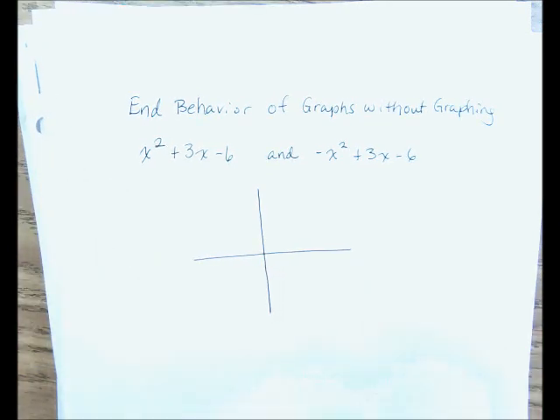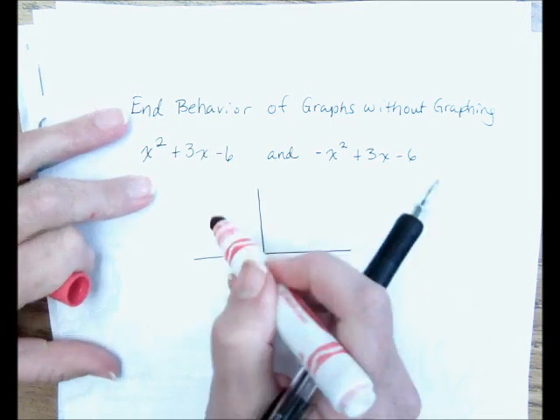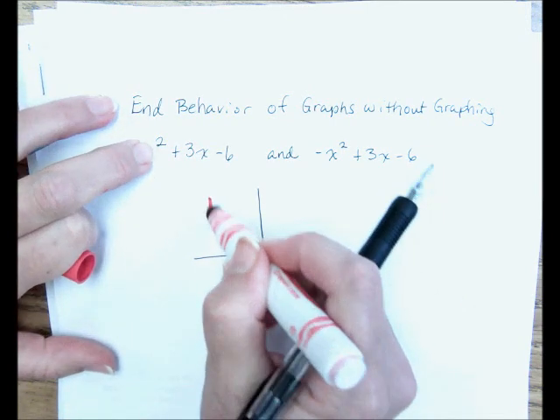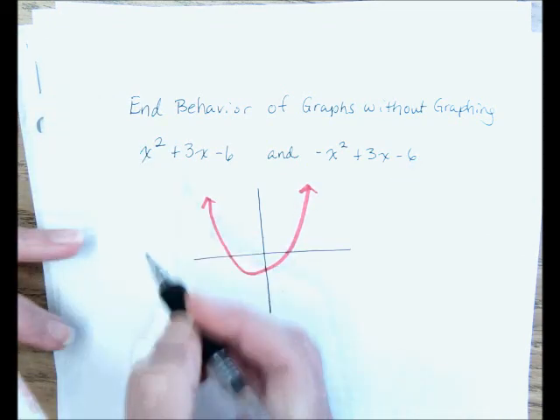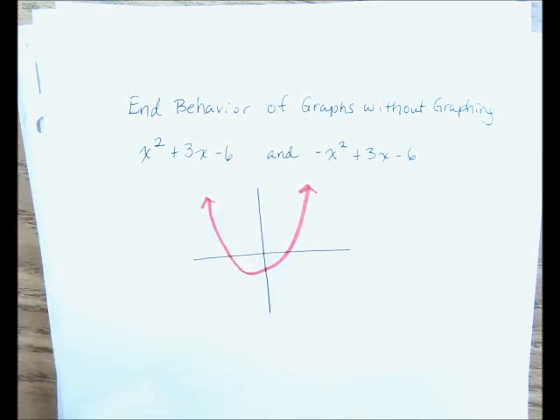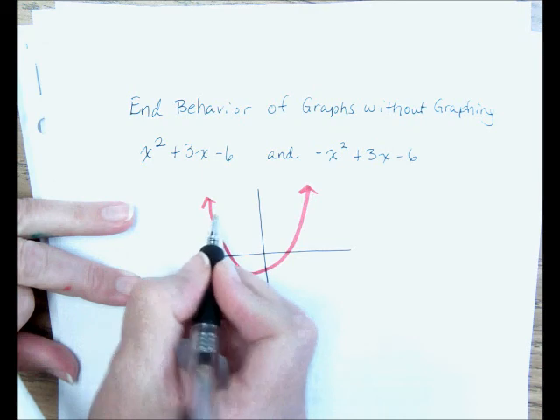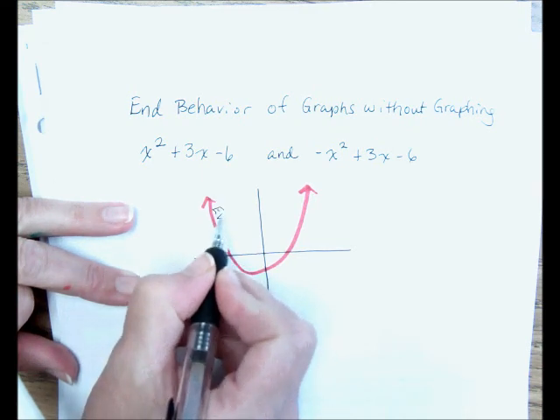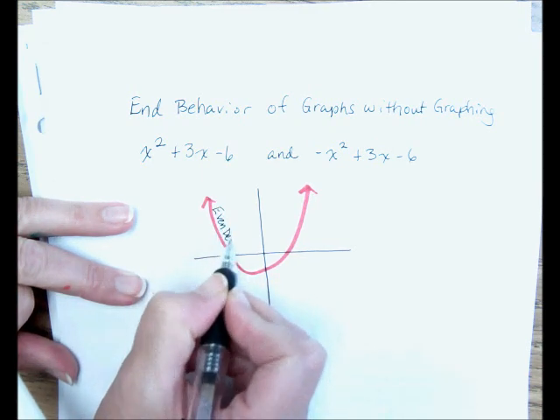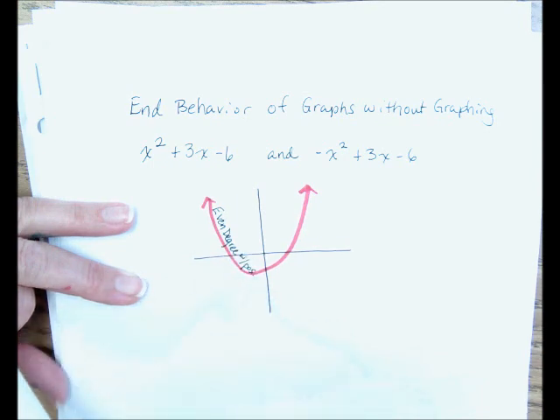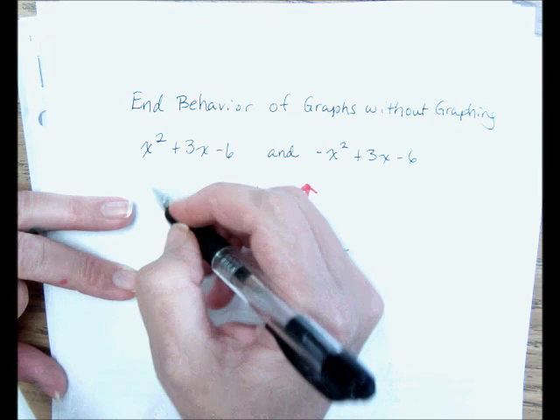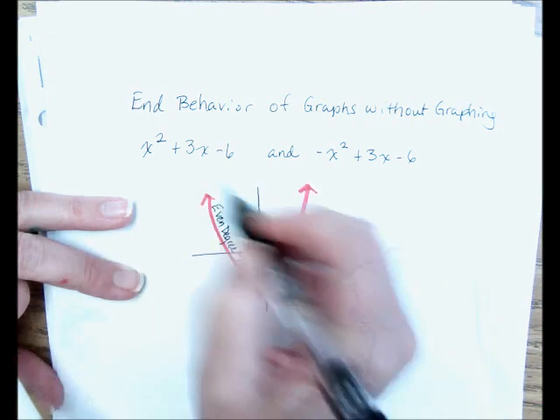If I have a graph that has an even degree and has a positive leading coefficient, so this is even degree with positive leading coefficient, then it's going to be up and up, okay?